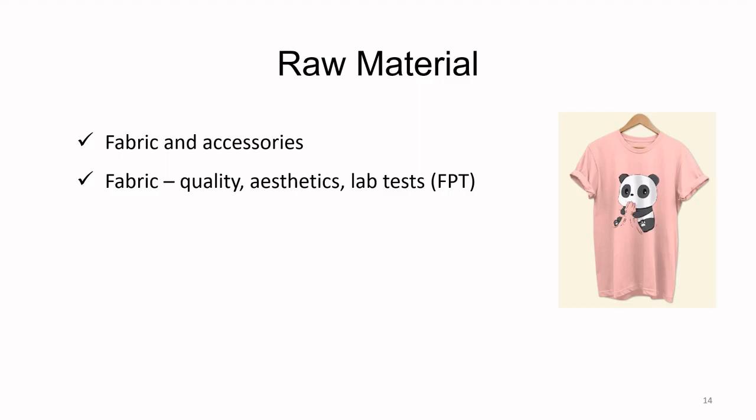Now in this lab test, the lab tests the fabric for physical and chemical properties. And if the lab test reveals that everything is okay, only then you can release the fabric to the production for bulk cutting and production. Otherwise, it cannot be done.